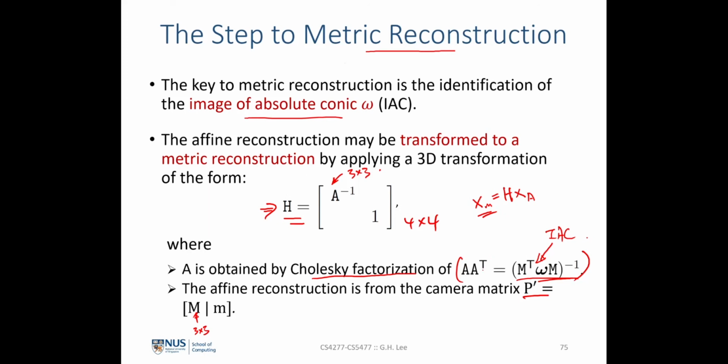Once we get this relation, we can apply the Cholesky factorization on this matrix that we have computed to recover A, which we can plug into this equation to obtain the 3D transformation for metric reconstruction.